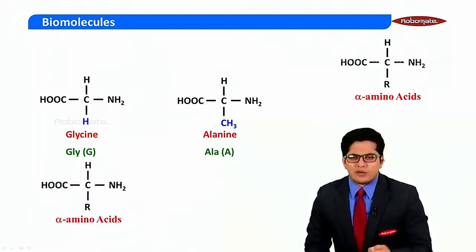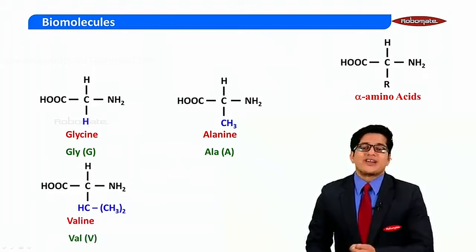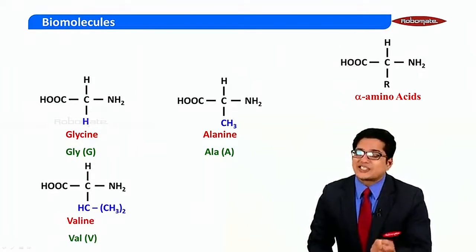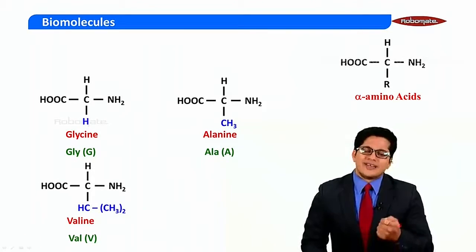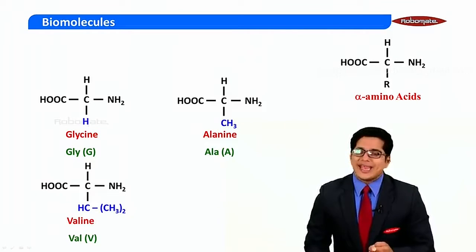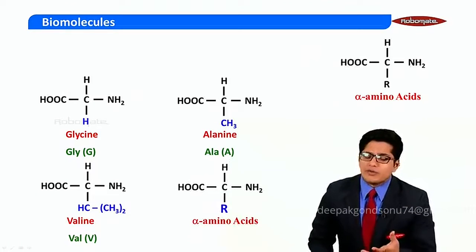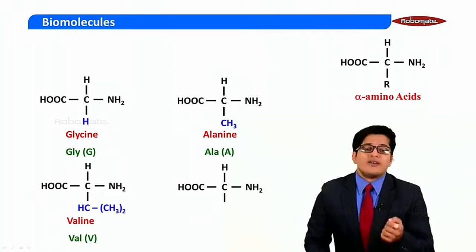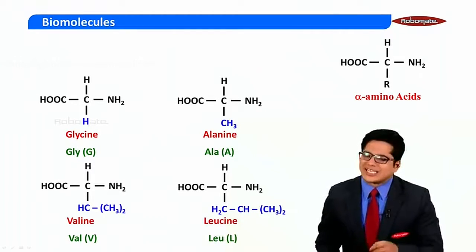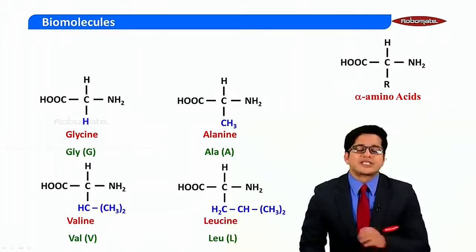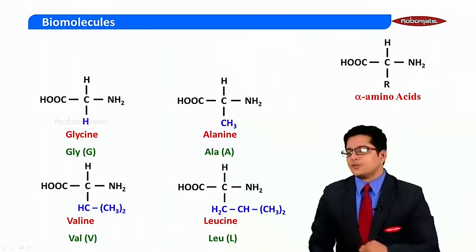Moving further, one more where R is now removed and instead of it we are adding a group that is CH3 twice. I would get an amino acid called as valine, represented as VAL. Next, if R group is now removed and placed or written down something like this, CH2, CH3 twice, I get an amino acid called as leucine, written down or symbol is LEU.